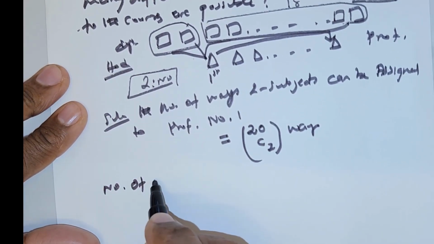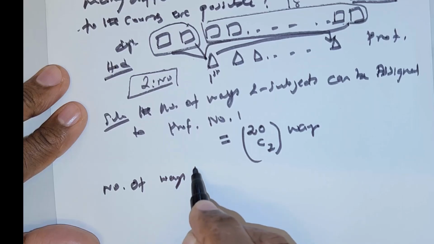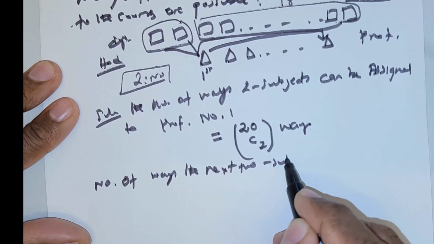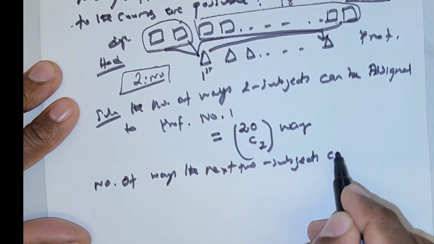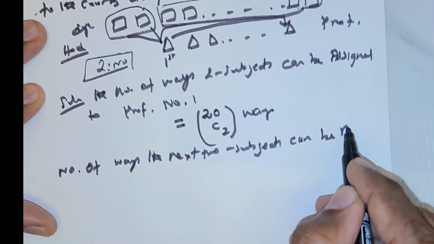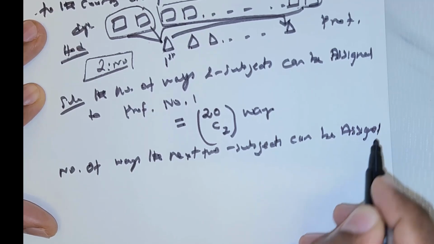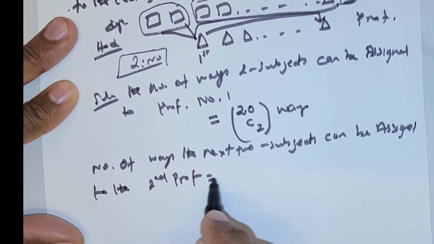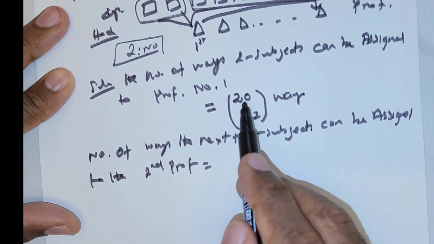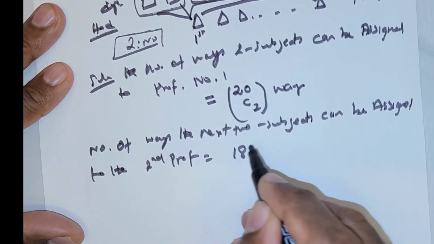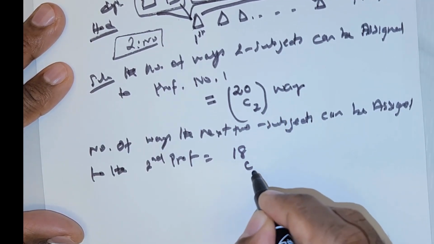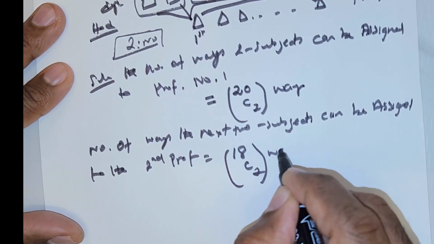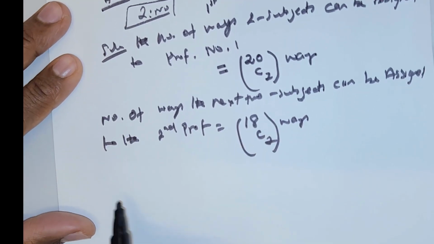Similarly, the number of ways the next 2 subjects can be assigned to the second professor is what? As I mentioned, those two subjects go off the queue, so you only have 18, and from 18 you have to arrange two subjects. So this is going to be the pattern.